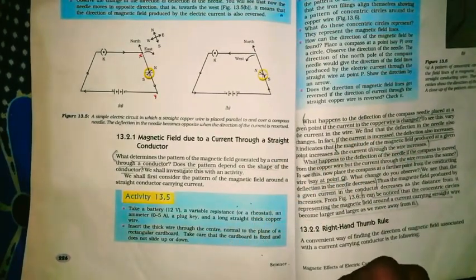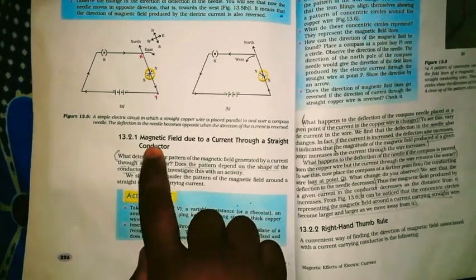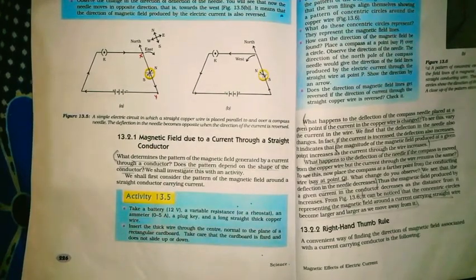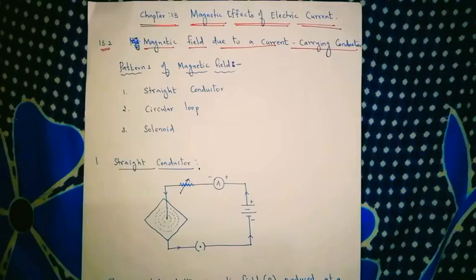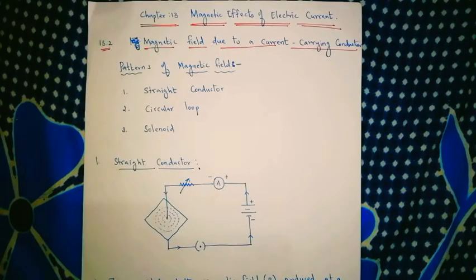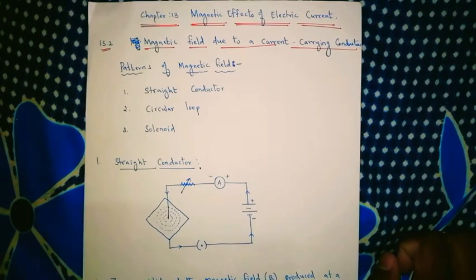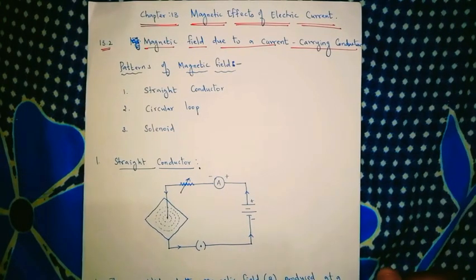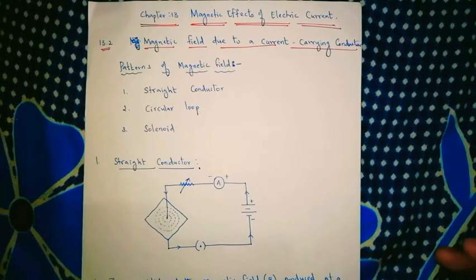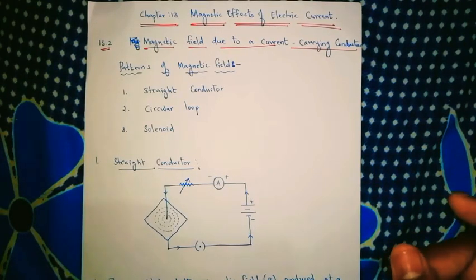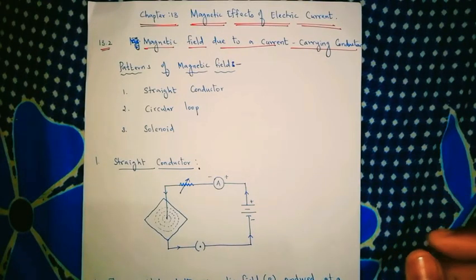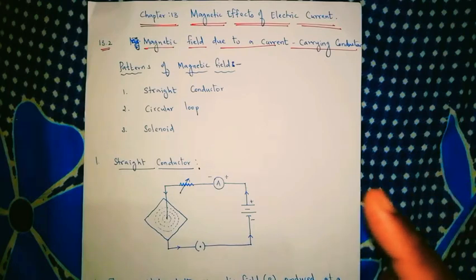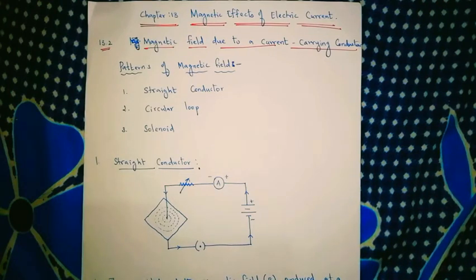Today we are going to learn a new topic: magnetic field due to the current through a straight conductor. For a current carrying conductor, different patterns of magnetic field are formed.